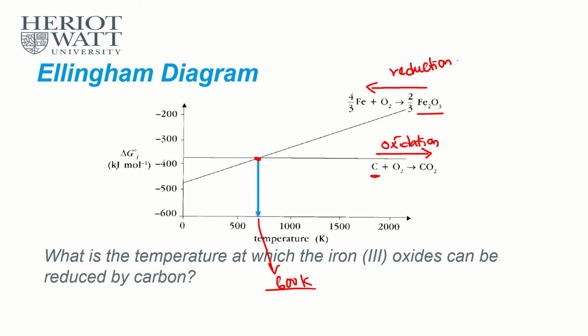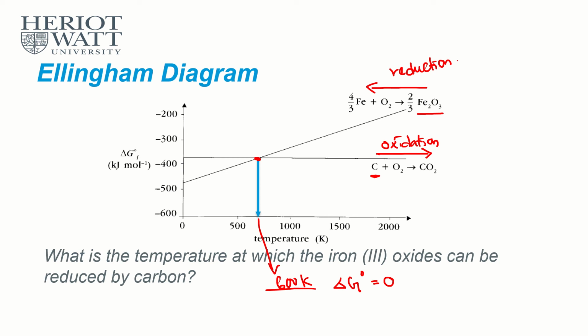And that's not the answer yet. When they ask what is the temperature at which iron oxide can be reduced, this is the temperature where Gibbs free energy equals 0. Remember from a previous video, when Gibbs free energy equals 0, the reaction is at equilibrium, which means both products and reactants are present.